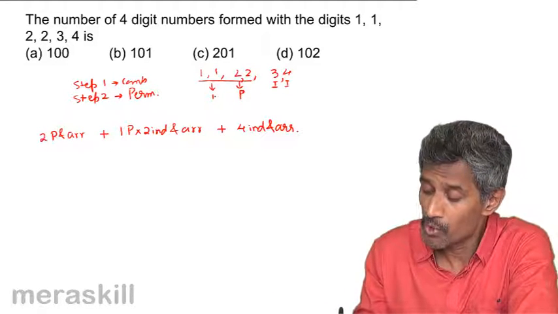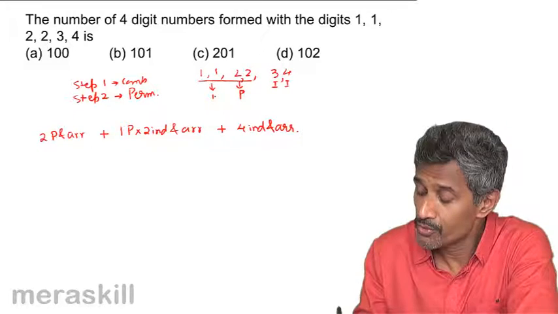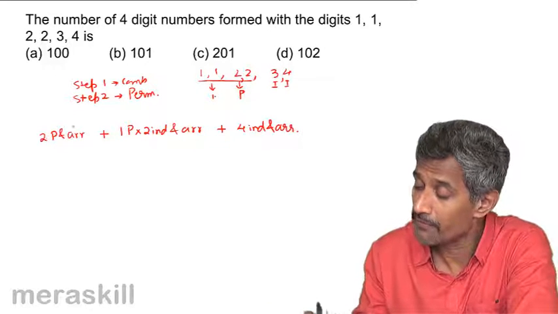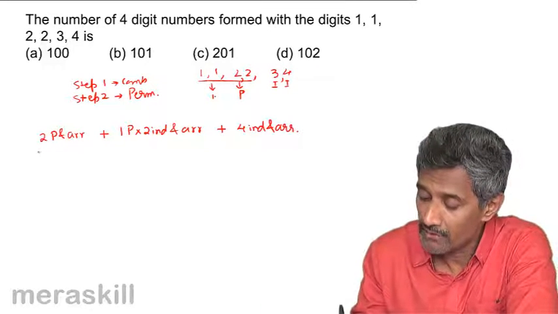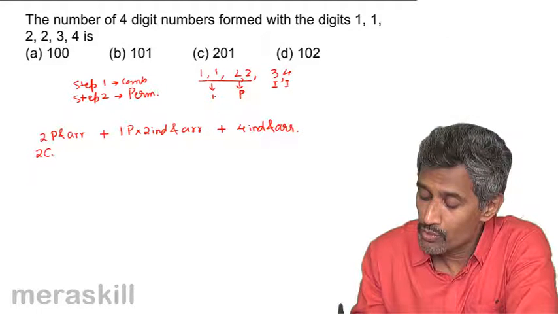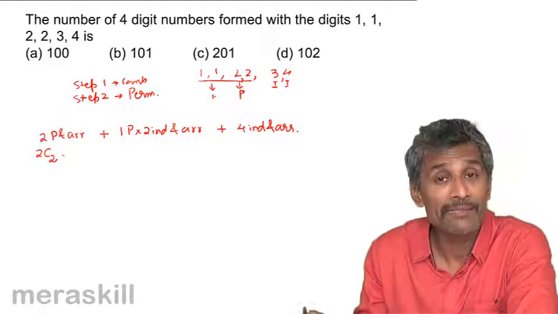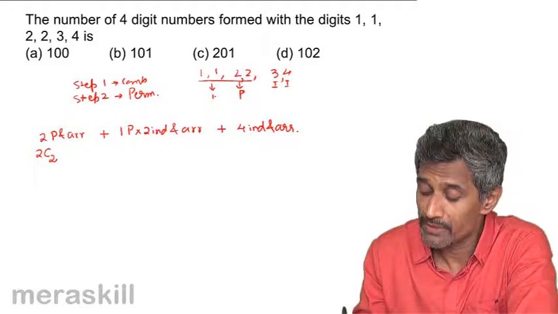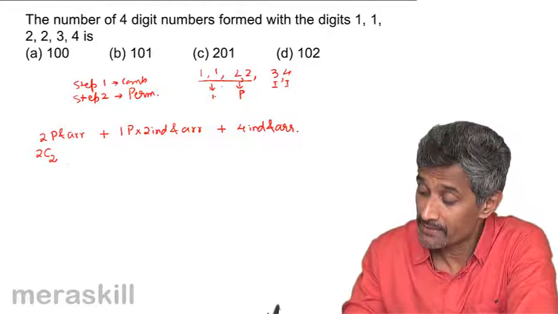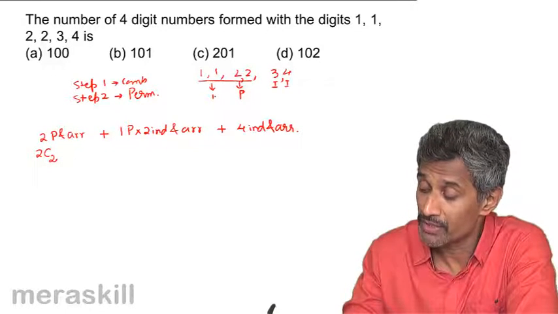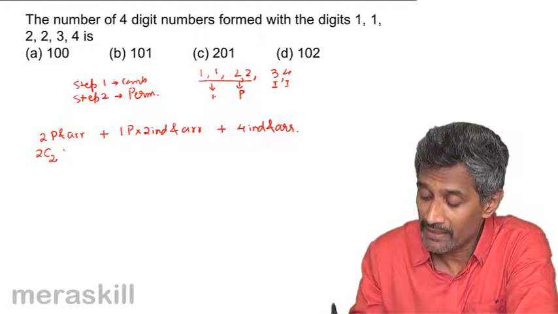So suppose we choose 2 of these pairs. These can be chosen in 2C2 ways, either this or this. So we are choosing in 2 different ways and then arranging them.